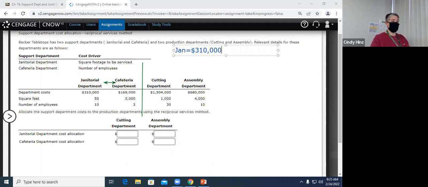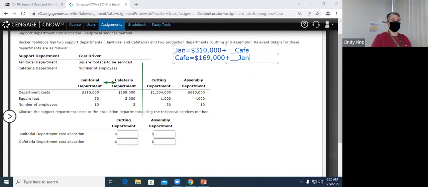The janitorial cost is the 310,000 direct cost plus some portion, and for now I'm just going to put a blank there because I don't know yet how much, some portion of the cafeteria's cost. Okay. And the cafeteria's cost is the 169,000 of direct cost plus some portion of the janitorial cost.